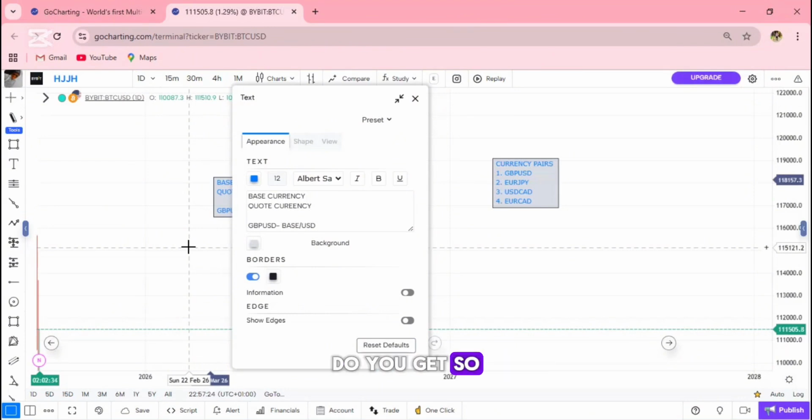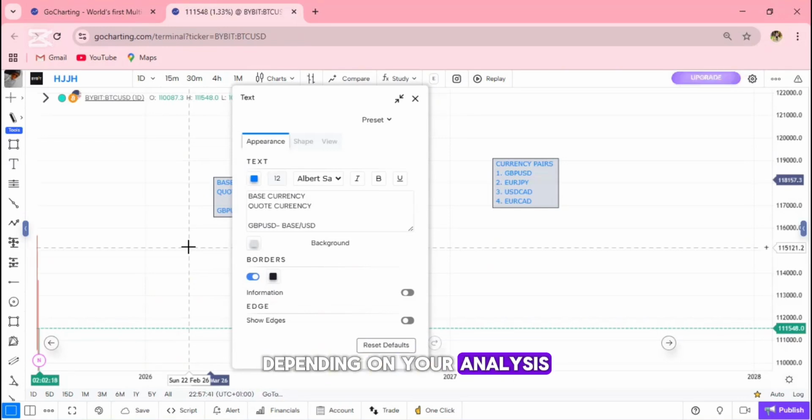Do you get? If you are buying one of these pair, you are selling the other, directly or indirectly. It depends on your analysis, whether you are using fundamental or technical analysis. So if your technicals or your fundamental tell you to buy the GBP/USD, automatically you are buying GBP/USD.